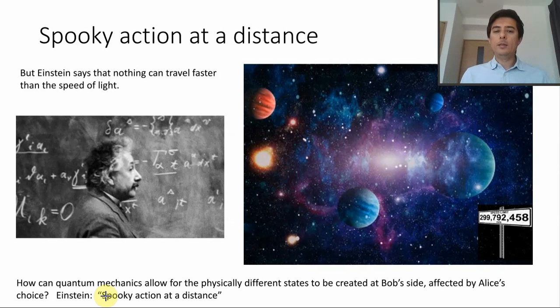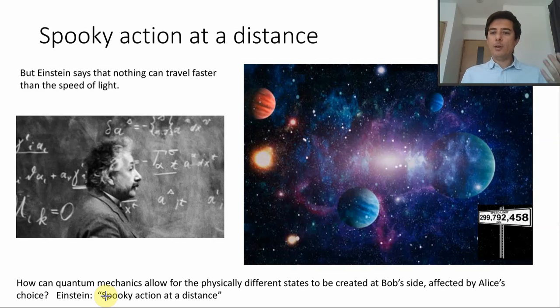So all laws of physics, as we know them, have no real action at a distance. Things like the forces of gravity or electromagnetism, basically nothing travels faster than the speed of light.